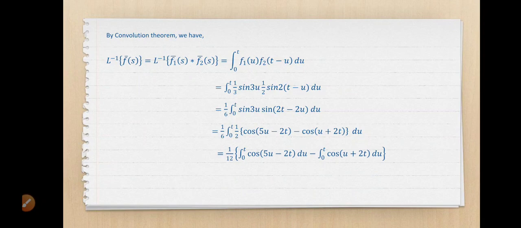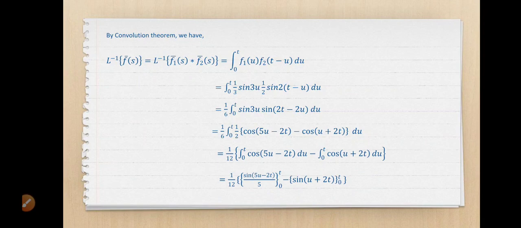You can apply here the linearity property of integration, means you can write the integration sign to both the terms inside the curly bracket separately, and now you can apply the result of integration of cos ax dx within the limit 0 and t. So applying the result we get sine of 5u minus 2t by 5, the integration of cos of 5u minus 2t, and the limits are 0 and t.